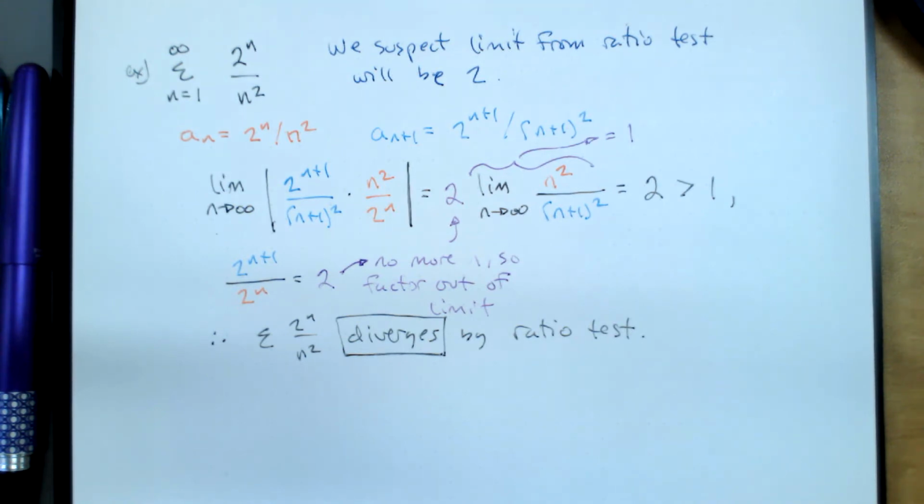Once again, we see the ratio test ignoring the n squared part and focusing on the 2 to the n part.